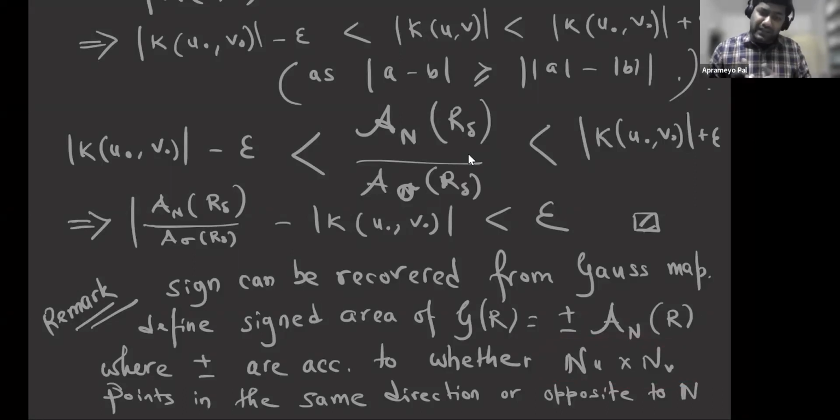So it is either towards N or towards minus N. If it's towards N, then you term this as plus, and if it's towards the opposite side of N, then it's minus.